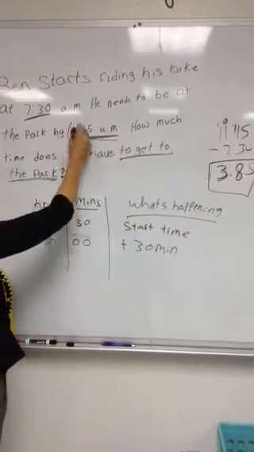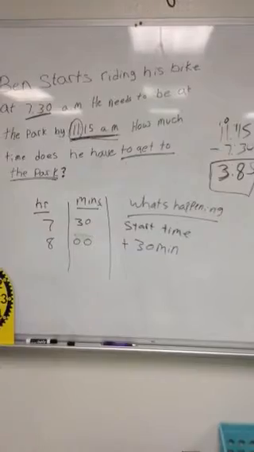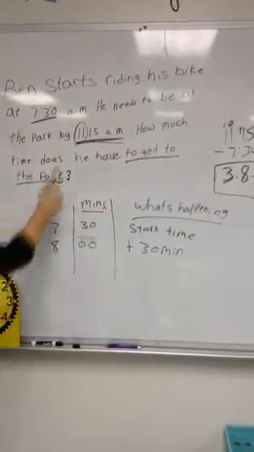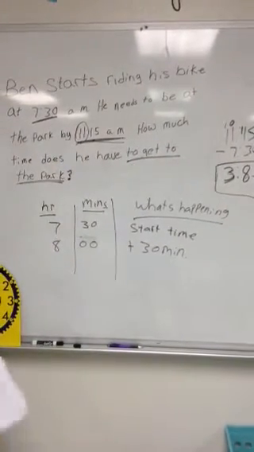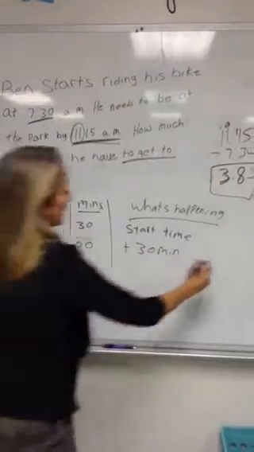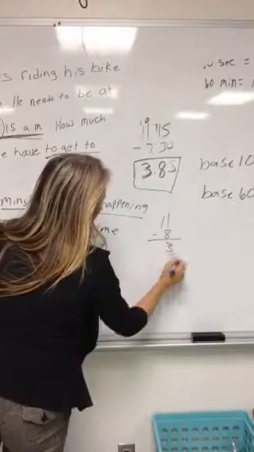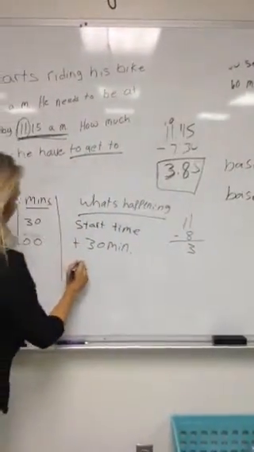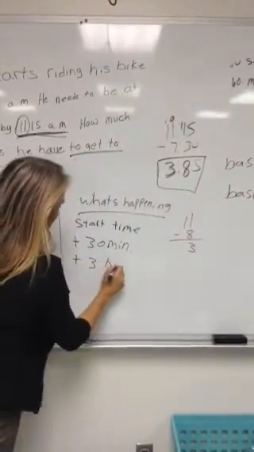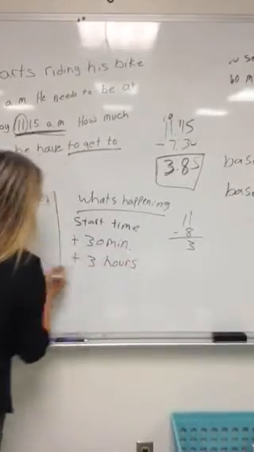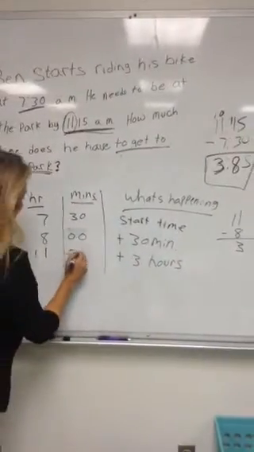So let's look at that hour 11. So how many hours do we need to get to 11? So we'll take 11 minus 8 equals 3. So we'll add 3 hours. That'll put us at 11.